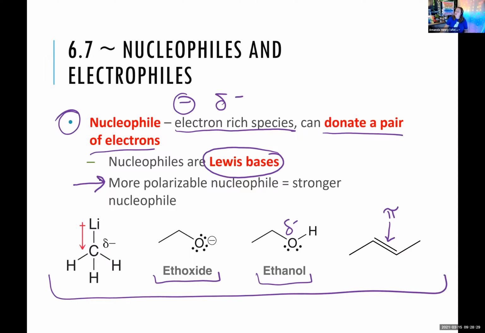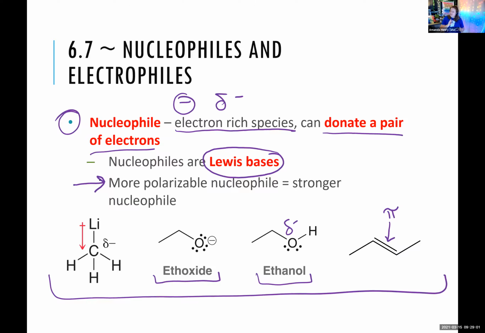When something is more polarizable, that means it's a stronger nucleophile. When we think of whether something is polarizable or not, we're usually referring to size. So if we think about moving electrons around that electron cloud, how easily can we push the electrons to one side to make a stronger charge, whether it's a partial charge or a full charge?